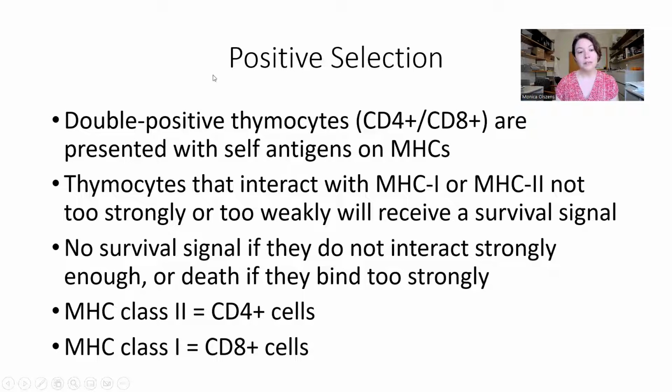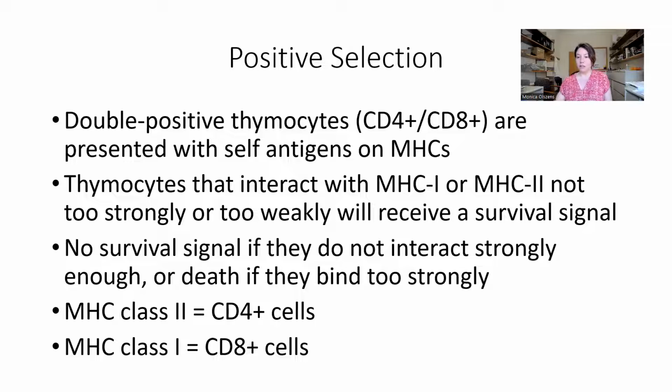Positive selection is when double positive cells, which they call thymocytes because they're in the thymus, are presented with self-antigen. Double positive CD4 and CD8 T cells are presented with self-antigen. If they interact with MHC class 1 or 2 too strongly or too weakly, they could be in trouble.